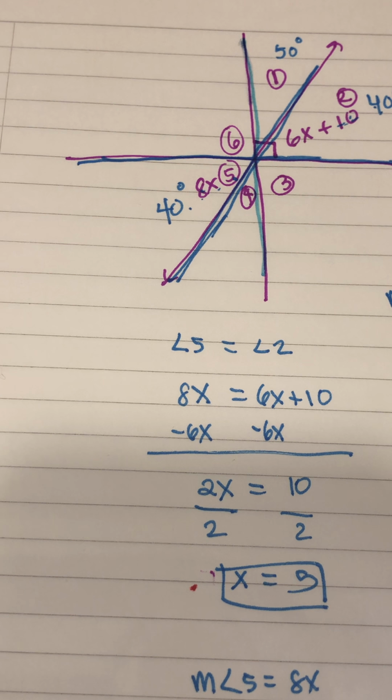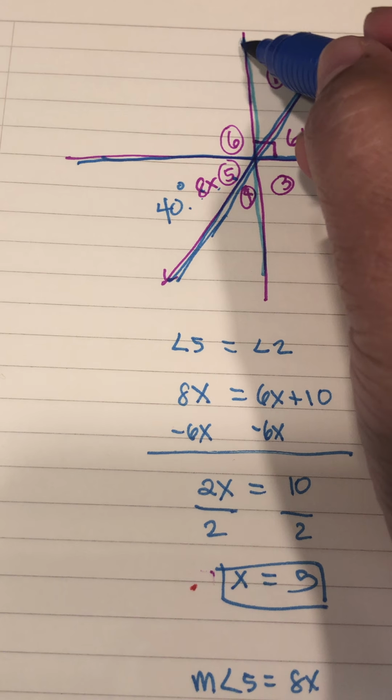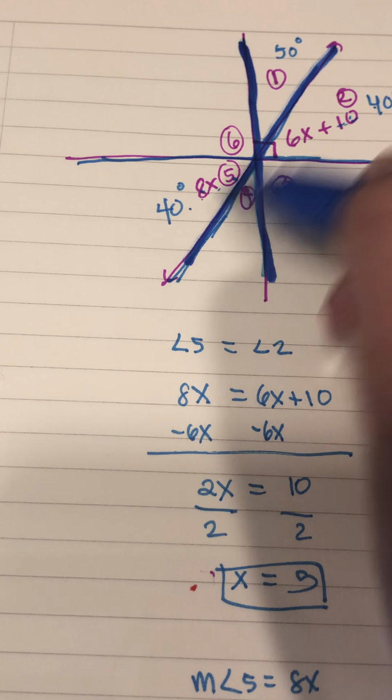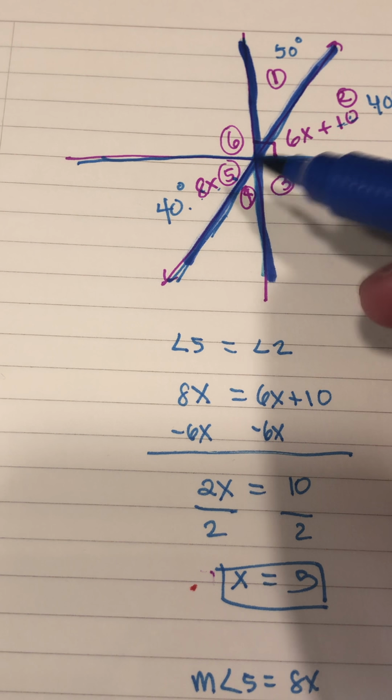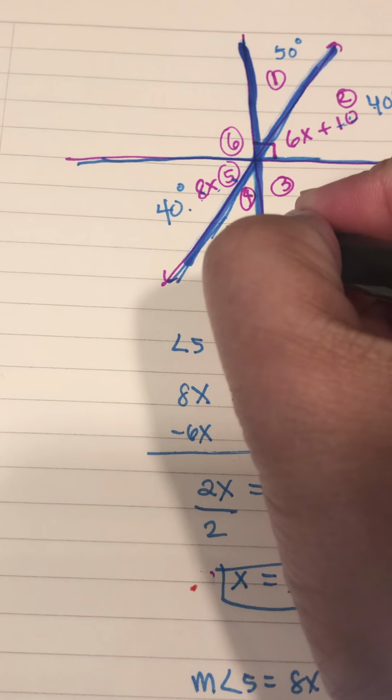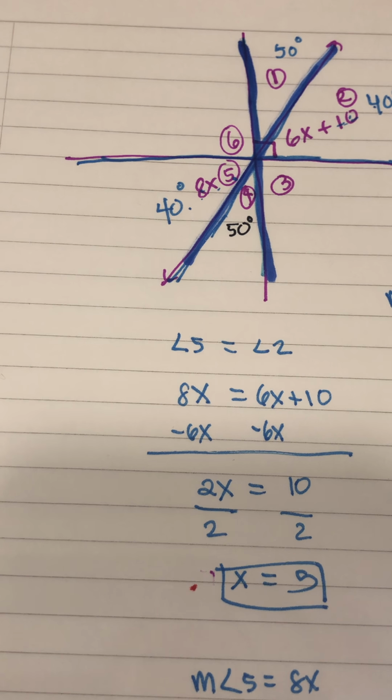All right, let's try this. So angle 1 is equal to angle 4. That means my angle 4 is also 50 degrees.